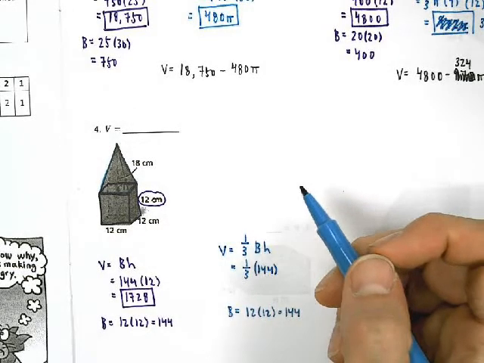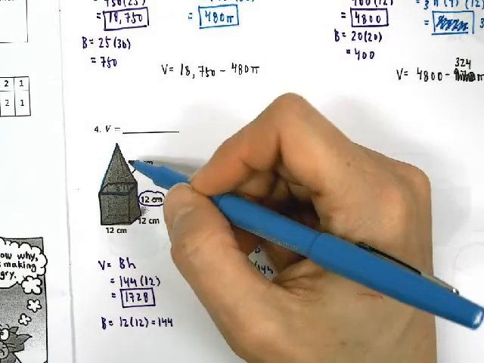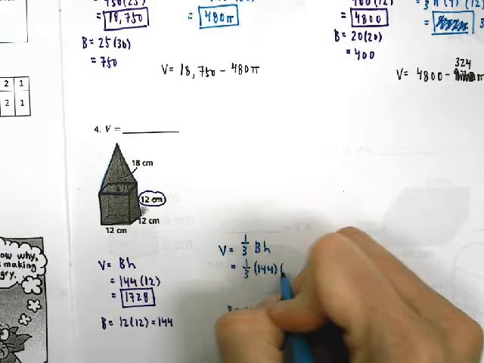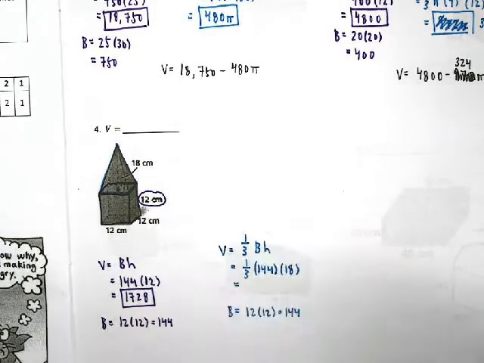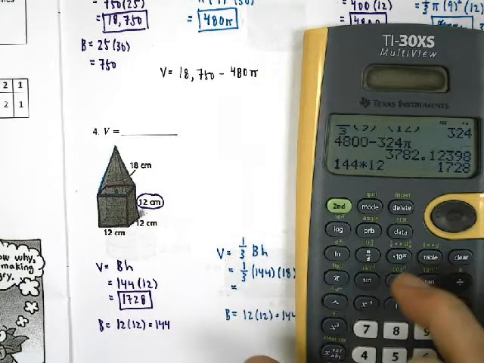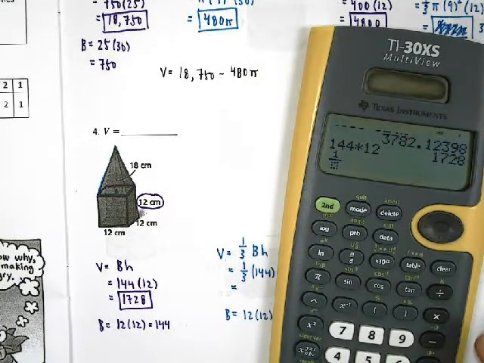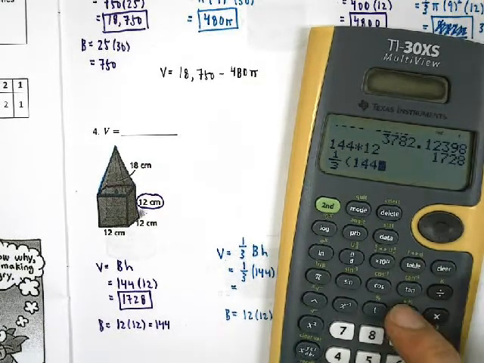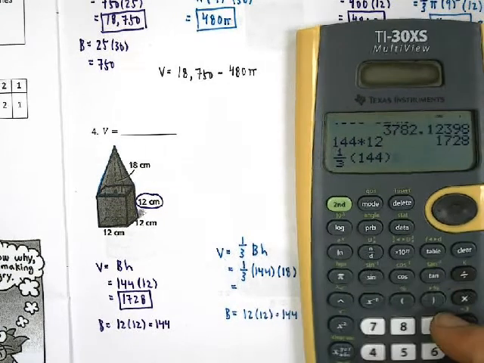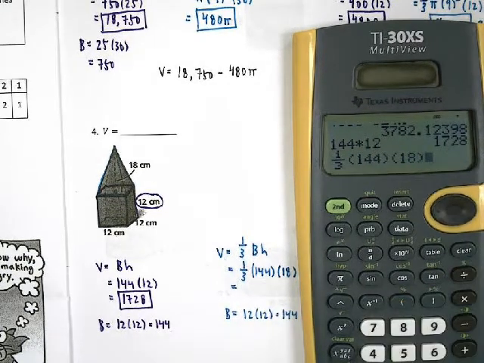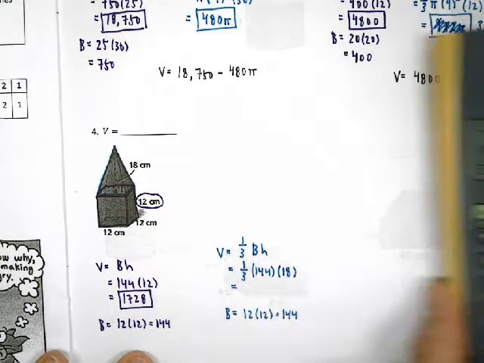And here they're actually giving us that perpendicular height, which is 18. So if I multiply this all out, I have 1/3 times 144 times 18, and I get 864 for my pyramid.